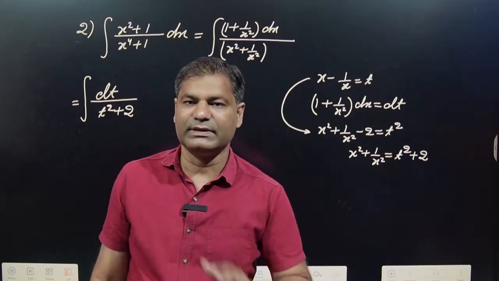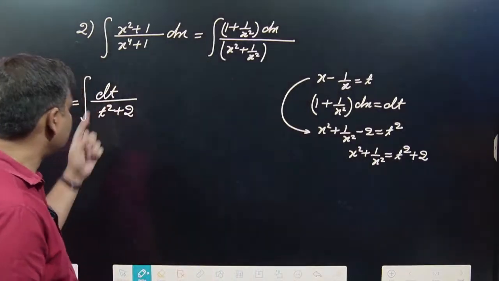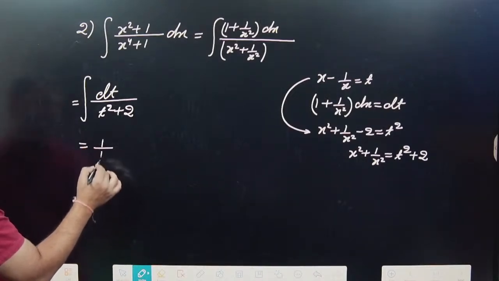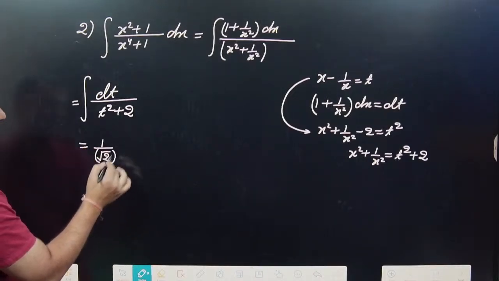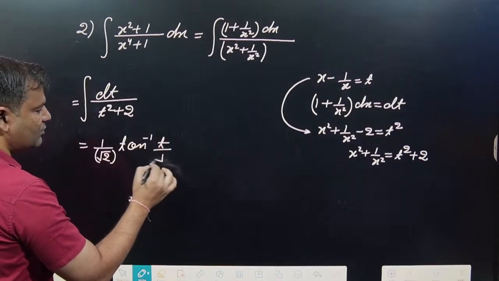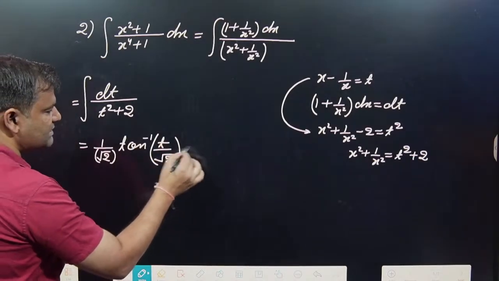Look here very carefully. How can we integrate this? Simply, it is written as 1 upon root 2 into tan inverse of t upon root 2 plus c.